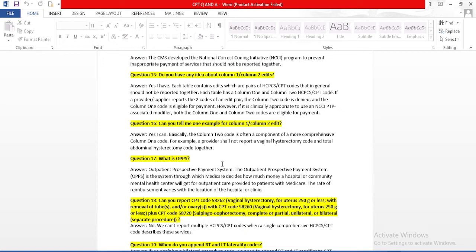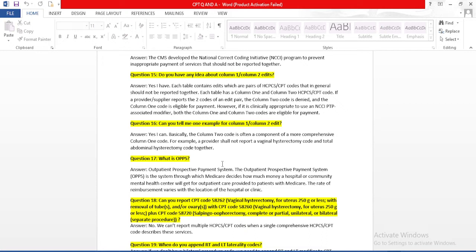If a provider or supplier reports two codes of an edit pair, the column 2 code is denied and the column 1 code is eligible for payment. However, if it is clinically appropriate to use an NCCI PTP-associated modifier, both the column 1 and column 2 codes are eligible for payment. Basically, column 1 contains the most comprehensive code and column 2 contains the less comprehensive.